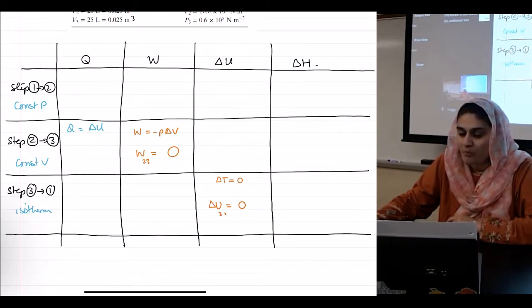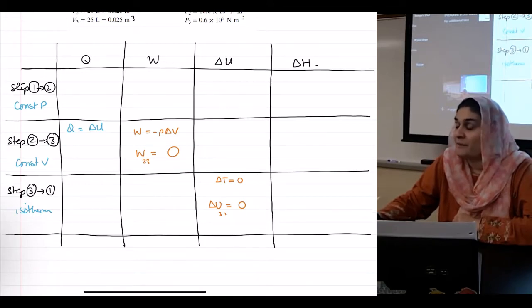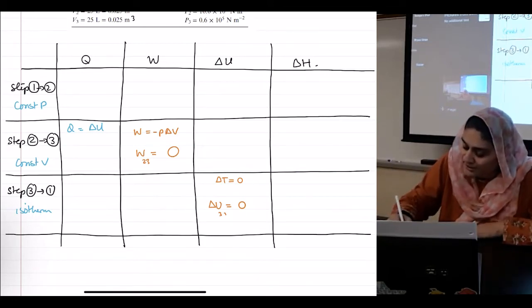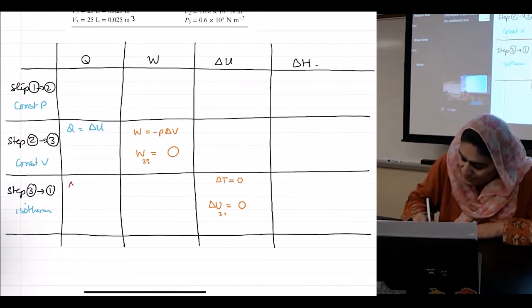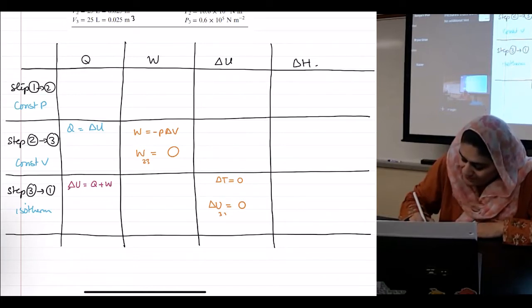You say Q equals 0 with the isothermal? Is it 0? The change is 0. Delta U is 0, but is the W 0? No, so Q is not 0. I understand that, but great point. Look at it. What do I know? Delta U equals Q plus W. So even though delta U is 0, what do we know?